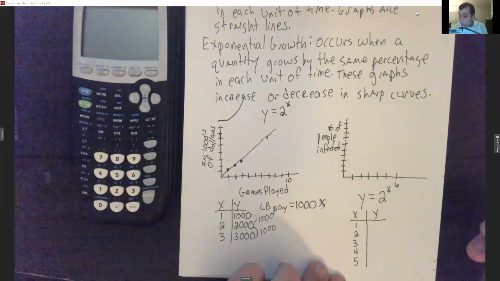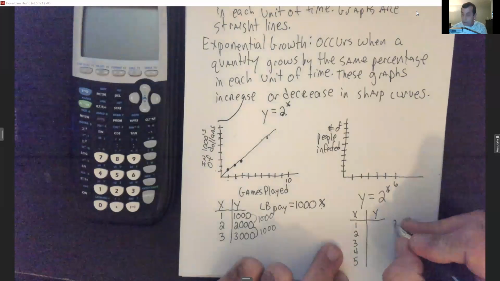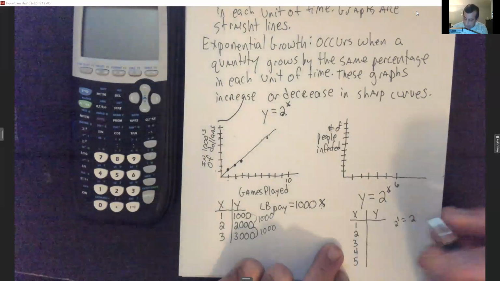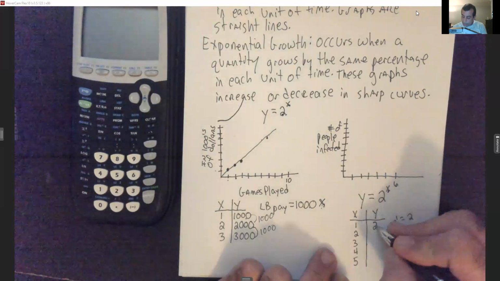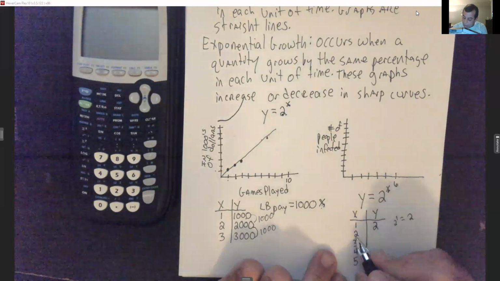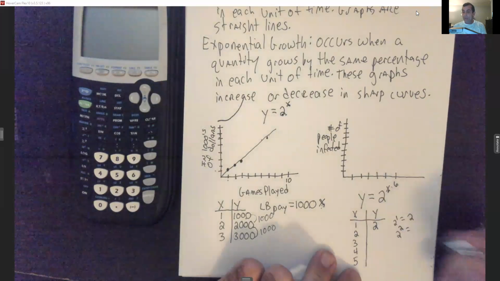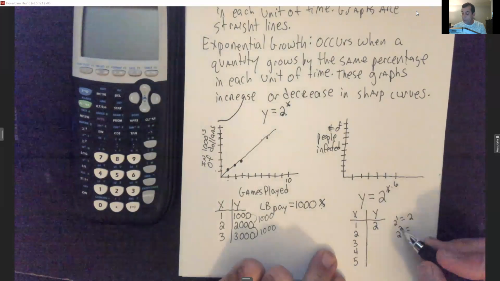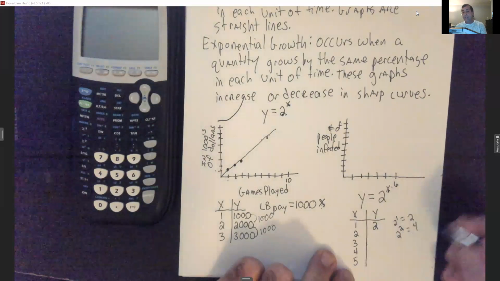So if we put a 1 in here, that gives me 2 to the first, which is 2. So anything with an exponent of 1 equals itself. All right, if I put a 2 in for that exponent, that'll give me 2 to the 2nd power. So that means multiply 2 times itself twice. So 2 times 2 is 4. So that's going to give me a 4 when the x is 2.